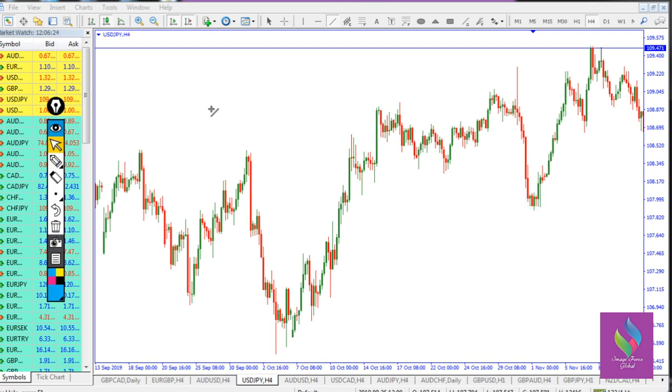First and foremost, trend lines are structures in which the market moves.